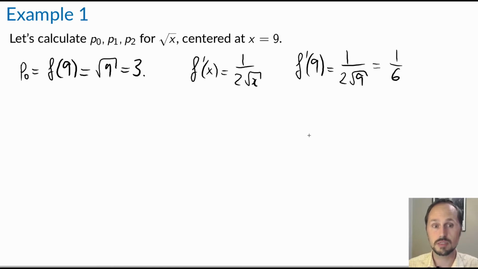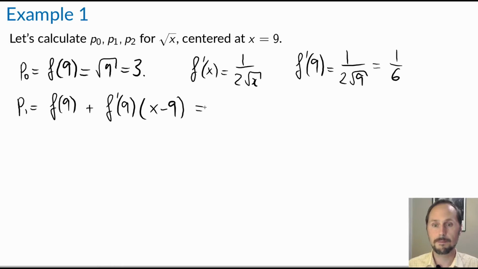So that's 1 over 6. So that means that for P1, we're going to get f of 9 plus f prime of 9 times (x minus 9). So that's going to be 3 plus 1/6 times (x minus 9).